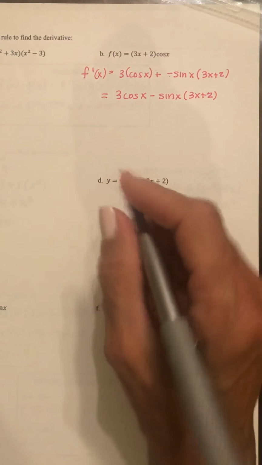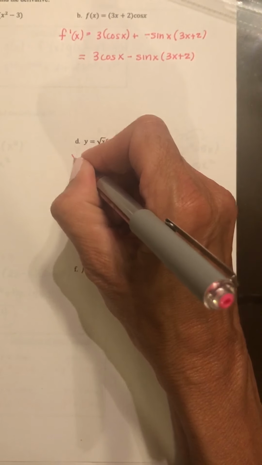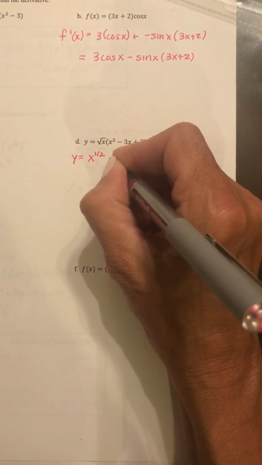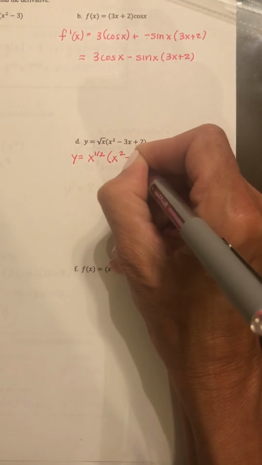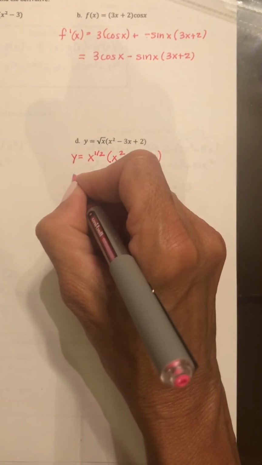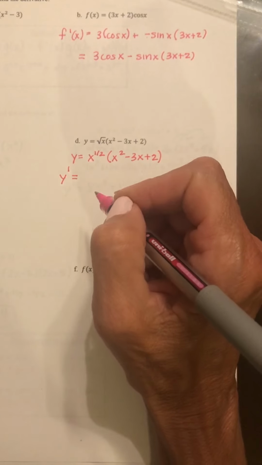First thing I'm going to do is I am going to rewrite this. I'm going to make it y equals, I'm going to trade in that radical, x to the 1/2 times this x squared minus 3x plus 2. All right, so here we go, y prime. The derivative of the first.